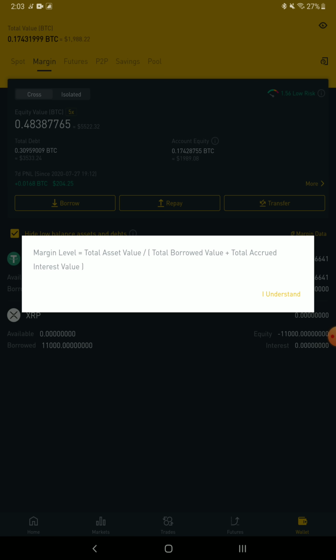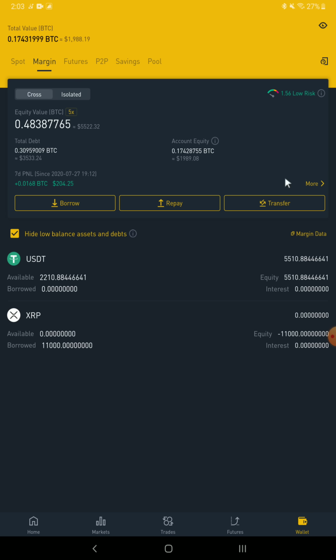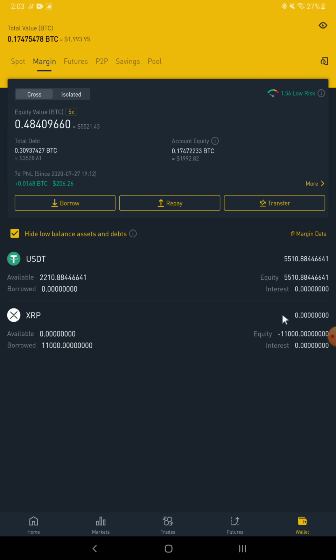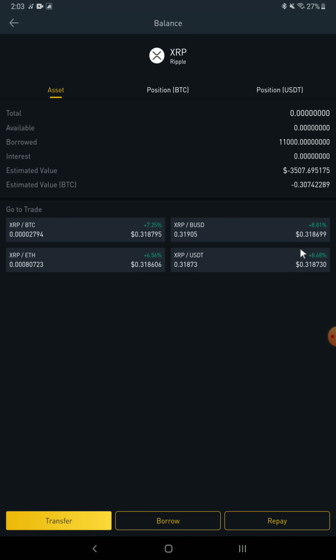This is your total asset. That number is taken from the fact that your account was originally worth 2210, plus the total value of what this position currently is.